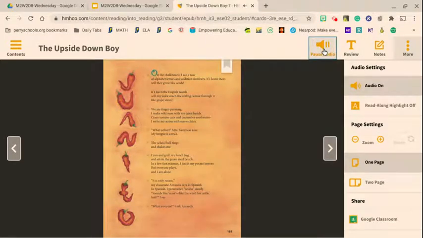On the chalkboard, I see a row of alphabet letters and addition numbers. If I learn them, will they grow like seeds? If I learn the English words, will my voice reach the ceiling, weave through it like grapevines? We are finger painting. I make wild suns with my open hands, crazy tomato cars and cucumber sombreros. I write my name with 7 chilies. What is that? Mrs. Sampson asks. My tongue is a rock.